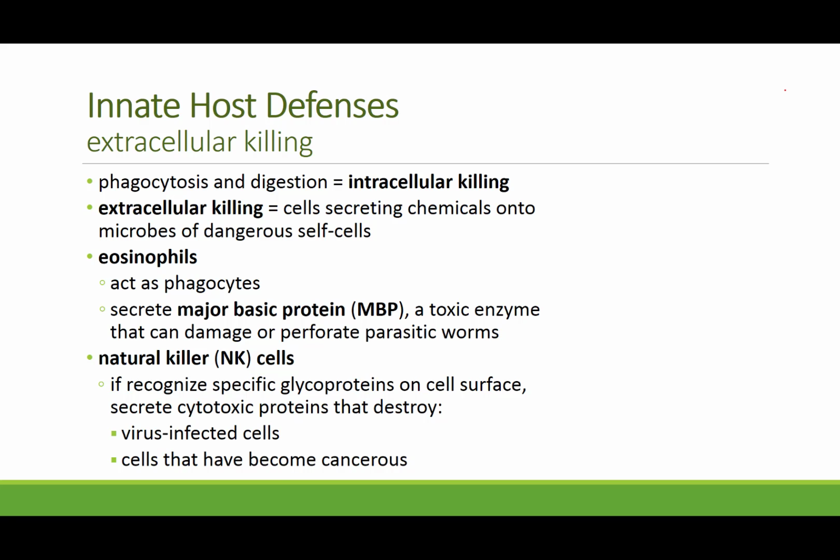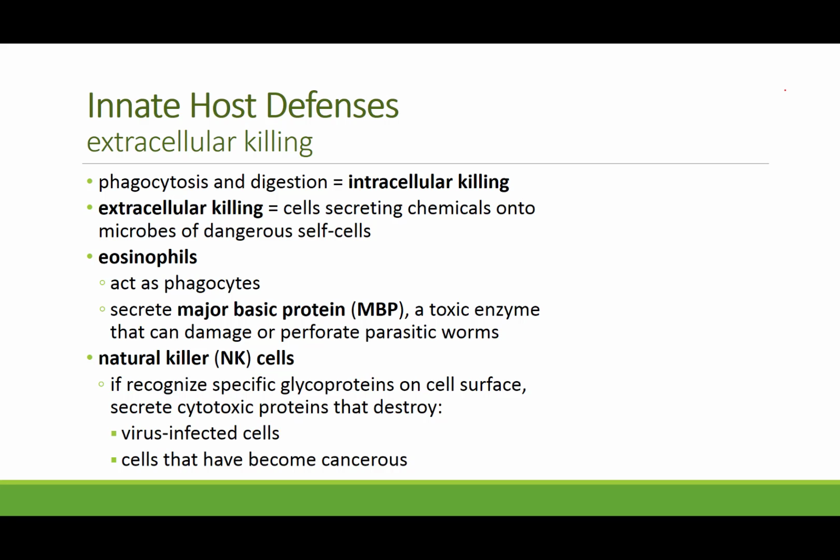So eosinophils, they can act as phagocytes, but they can also secrete a toxic enzyme called major basic protein, MBP, that it can use to damage or to actually kill parasitic worms. So if eosinophils can find a parasite worm, then they can attack it and either damage it or even potentially kill it.